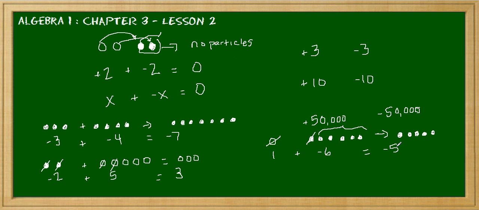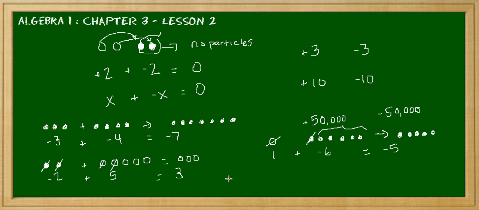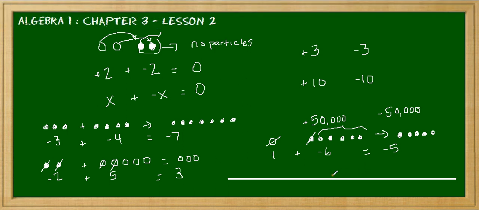A number line could be very helpful as well, and if we were to take the number line and put one up here and just draw it all the way out, we would know that we could move in a direction either to the right or to the left, depending on whether we're going positive or negative, right? So let's go ahead and just put a simple line here.